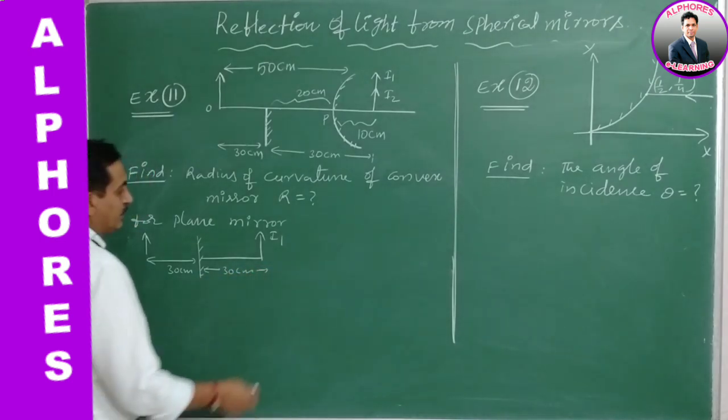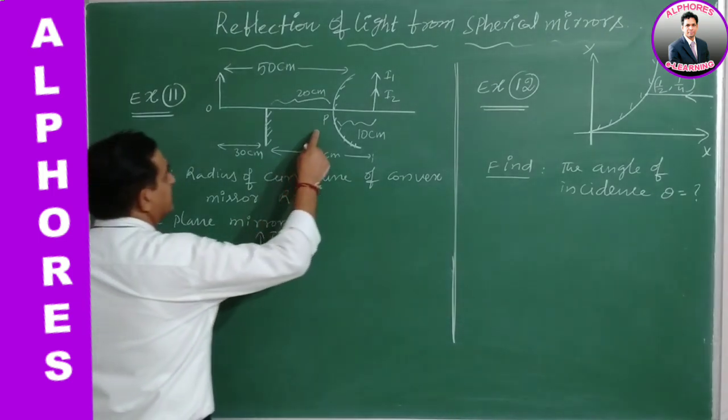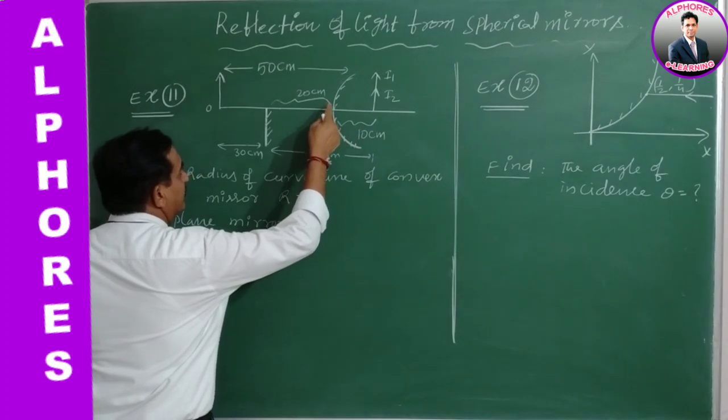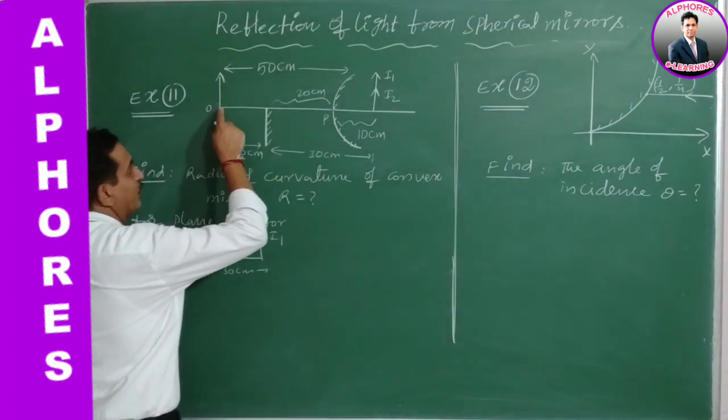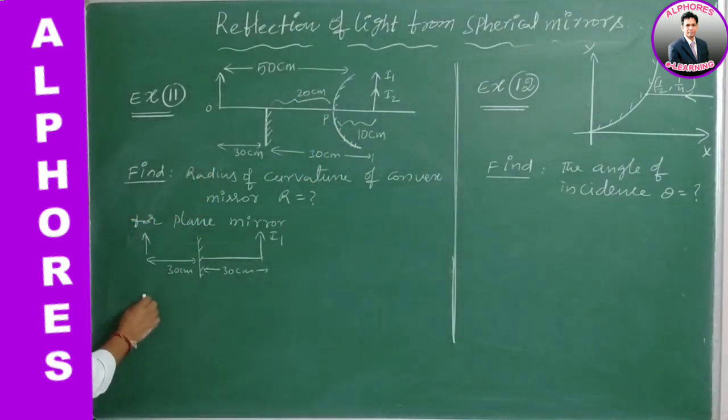Based on this value, we decided this is 10, and from here to here is 50. What is the distance of the image formed by the convex mirror? For the convex mirror.